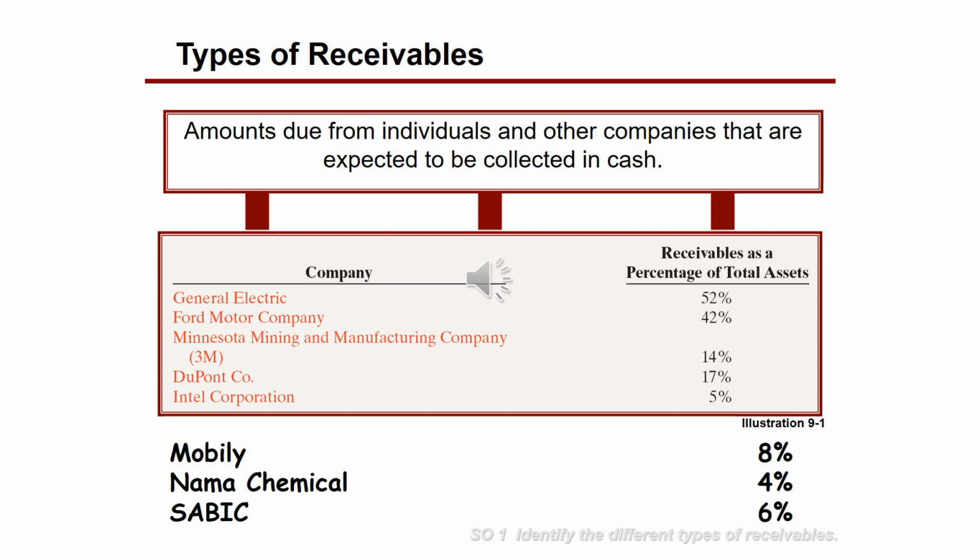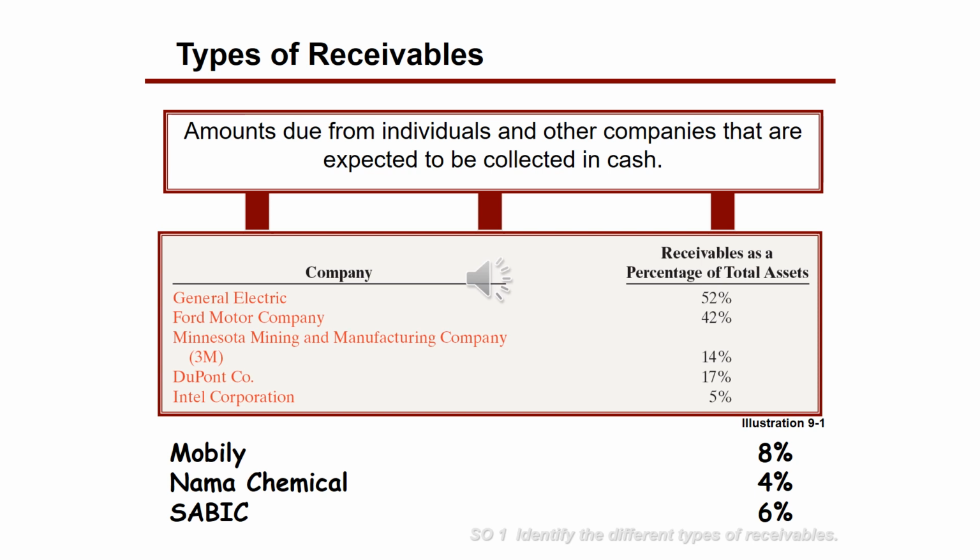We have included some Saudi or local companies, their receivables as a percentage of total sales. We have Wiley with 8%, Nama Chemical with 4%, and Sabic with 6%. This data is a little bit old, might be outdated, and this percentage may change, of course, over time.